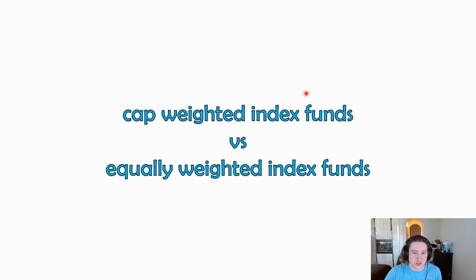Now, some people recently are pointing out some flaws within cap-weighted index funds. The biggest one would be market concentration. We're seeing now, and they're not wrong, by the way, a very tiny number of very large companies within the market index making up massive weights, right?